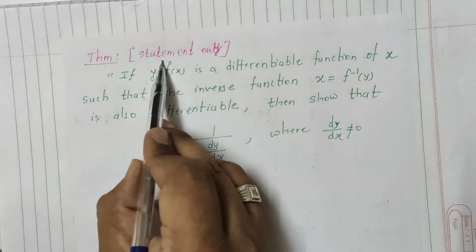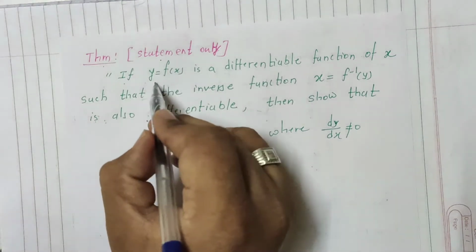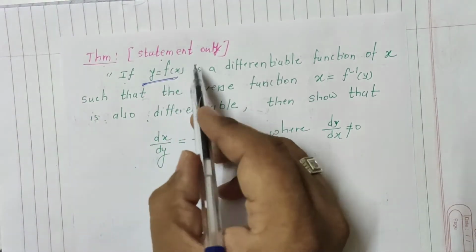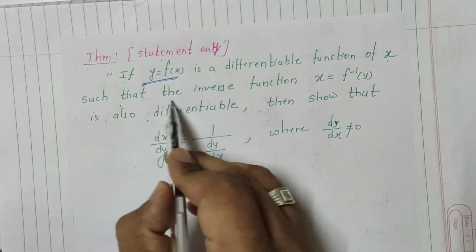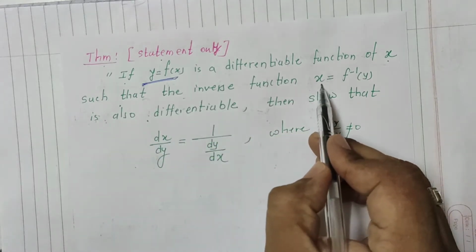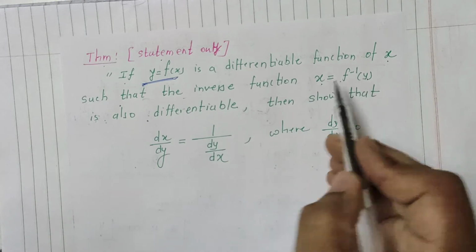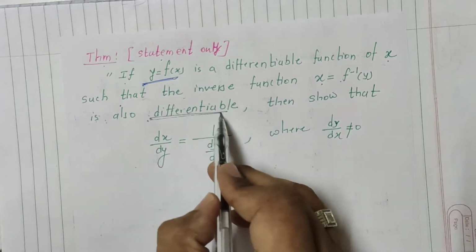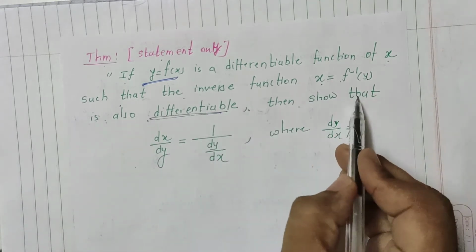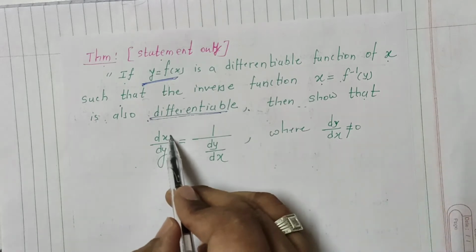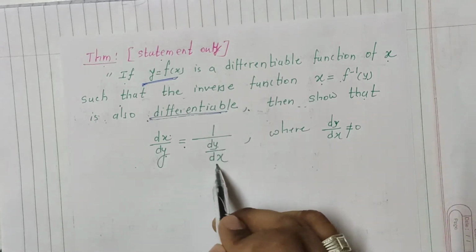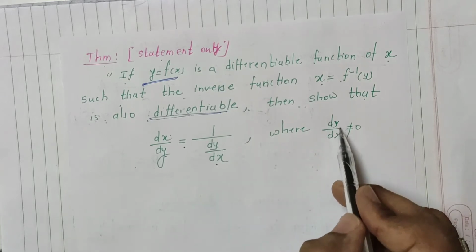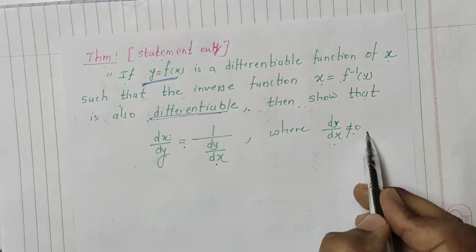Theorem statement only. If y is equal to f of x is a differentiable function of x such that the inverse function x is equal to f inverse of y is also differentiable, then show that dx upon dy is equal to 1 upon dy upon dx, where dy upon dx is not equal to 0.